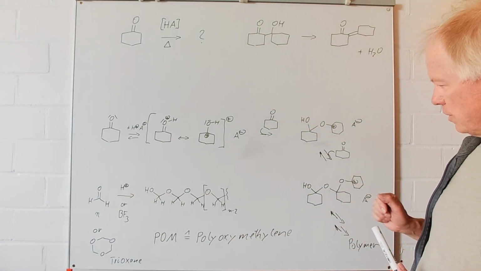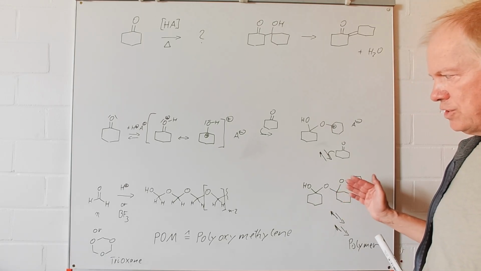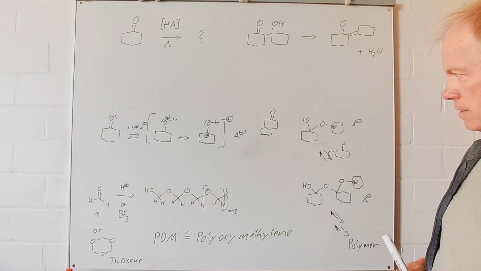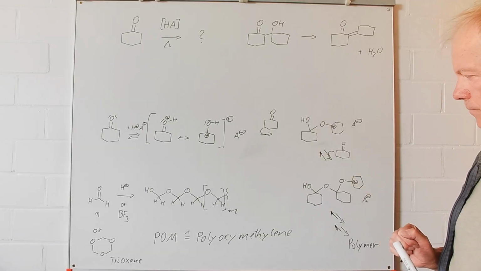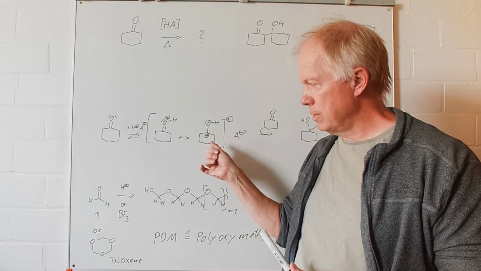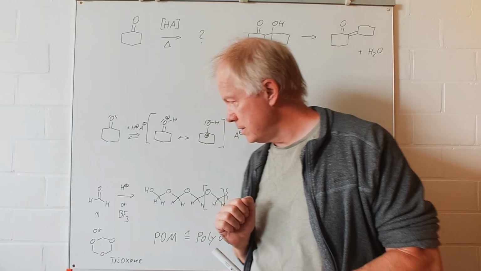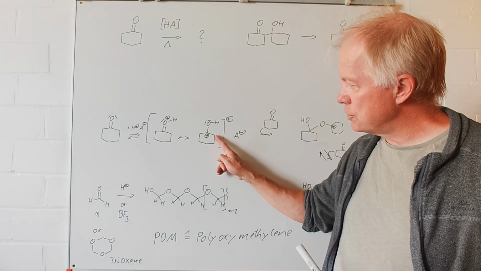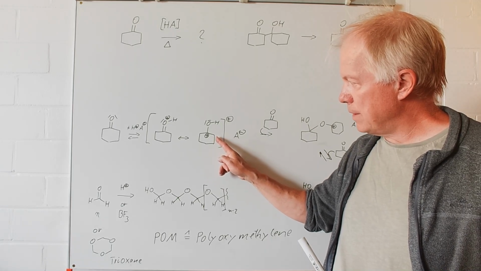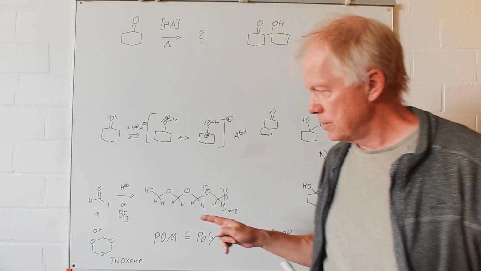Why is this the case? Well, as you see, this with the cyclohexane moieties is sterically far more crowded than the POM case, and more important, this cation here is far more stable than the corresponding cation of the formaldehyde, because here we have an additional stabilization by the inductive effects of those two neighboring carbons.